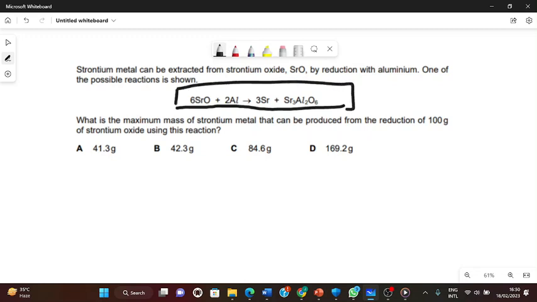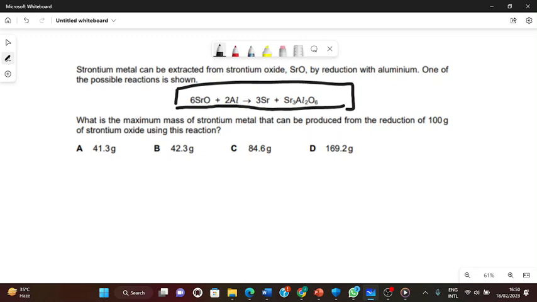Now you are asked to calculate the maximum mass of strontium metal that can be produced from the reduction of 100 grams of strontium oxide using this reaction. So we are dealing with strontium oxide and strontium metal. For you to solve this calculation very fast, you need to concentrate on the reactant that is specified and the product that is specified.